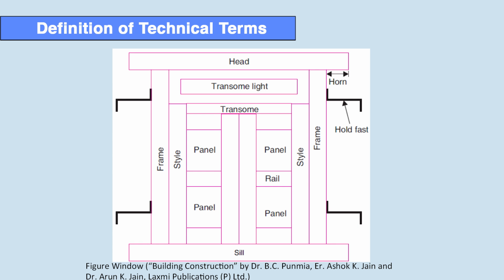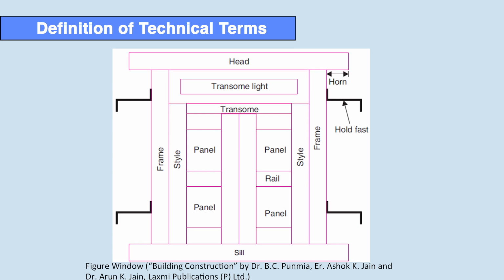Now, we are going to discuss different technical terms related to doors and windows. We will try to understand these technical terms with a figure. So, these are the technical terms commonly associated with doors and windows. The first and important term is frame. What do you understand by frame of a door or window?